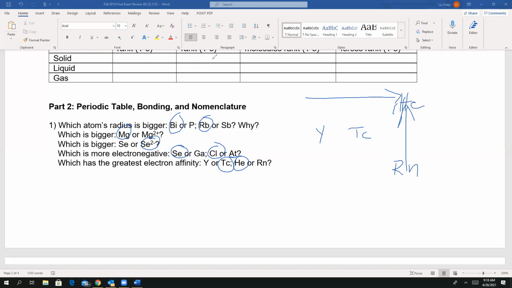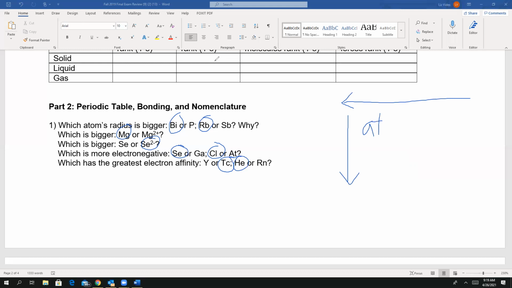Trends are very simple. If you remember this, the only one that goes backwards, okay, just remember this, is this one, which is atomic radius.